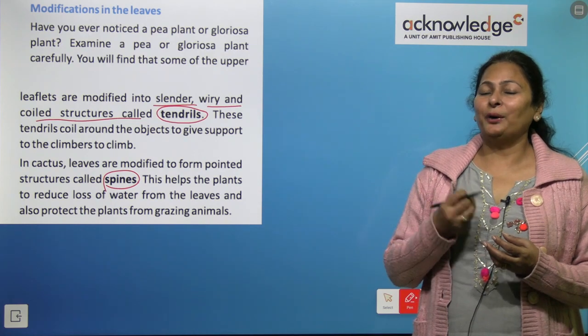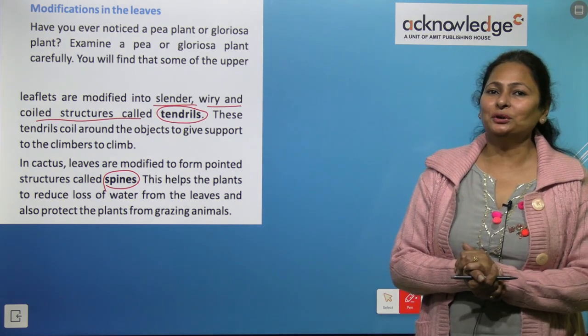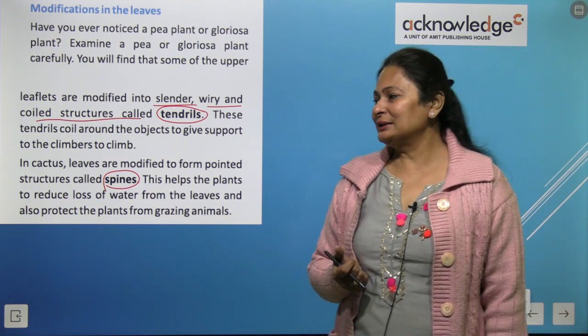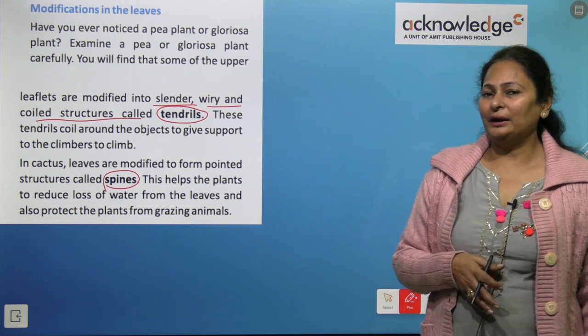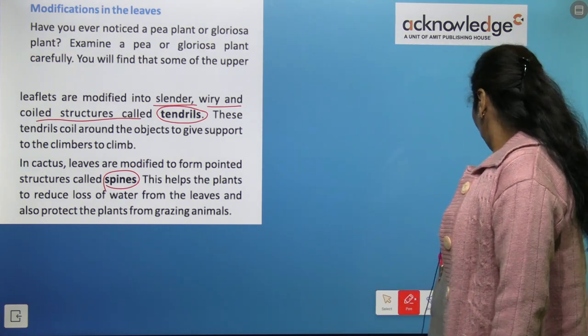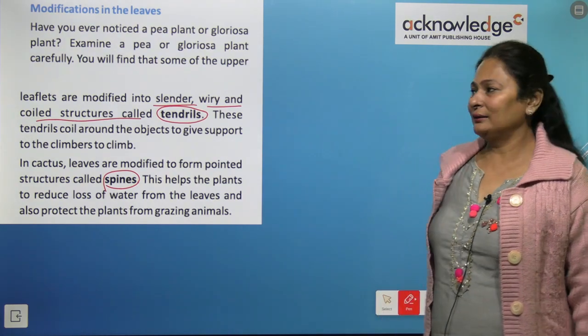So to prevent the loss of water, the leaves have turned into spines so that transpiration cannot be done and water can be reserved. It also protects the cactus from being grazed by the animals.